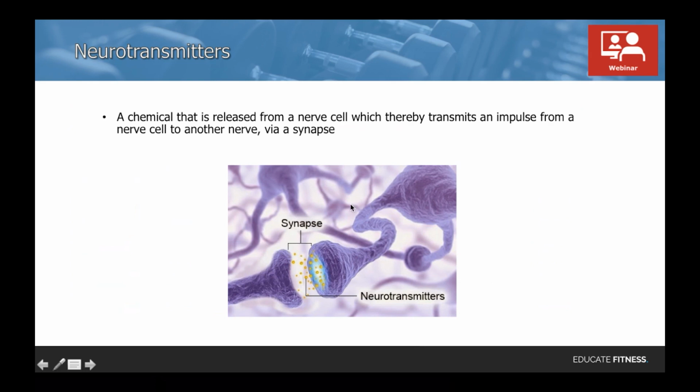The electrical impulse will be converted to a chemical known as a neurotransmitter. That's how it passes the information over, and once the neurotransmitter is sent to the new motor neuron, it will become an impulse again.